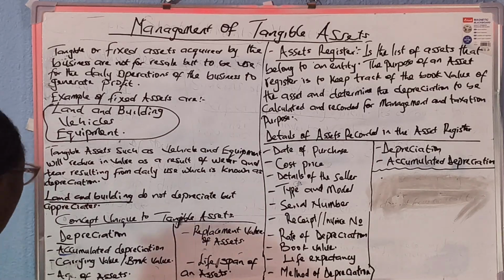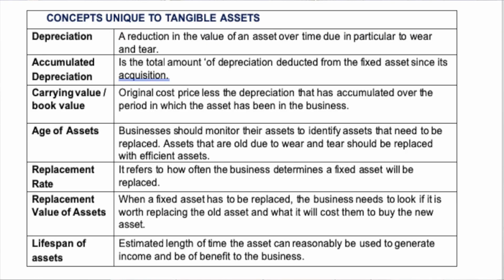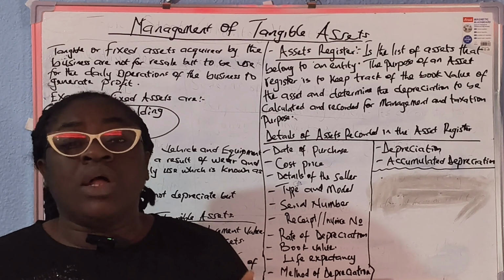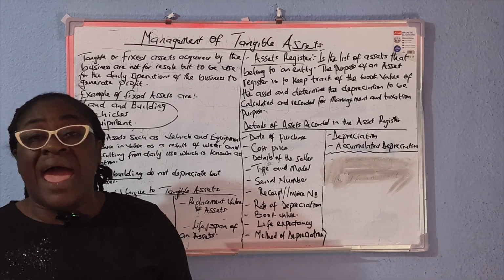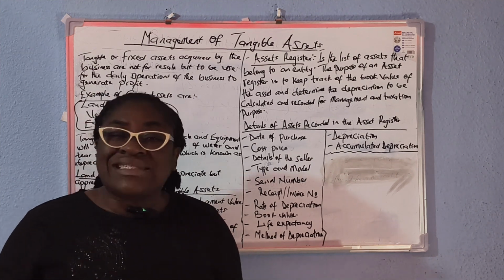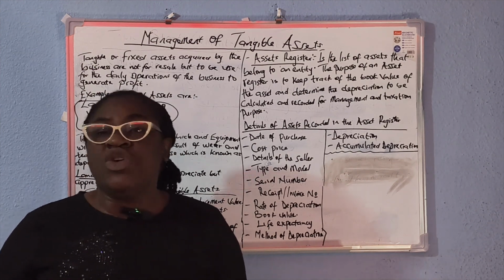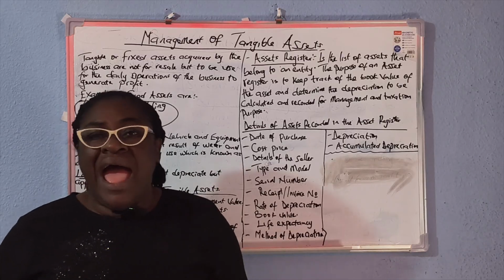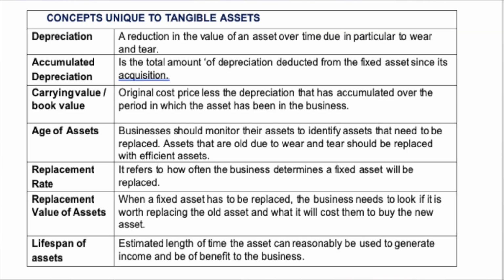Then we have what we call the carrying value, or the book value, of an asset. Now, like I said to you, an asset will have one cost price. The cost price of the asset will be the price of the asset when it was new. But an asset will change value over time, because the asset will keep reducing in value as a result of usage.